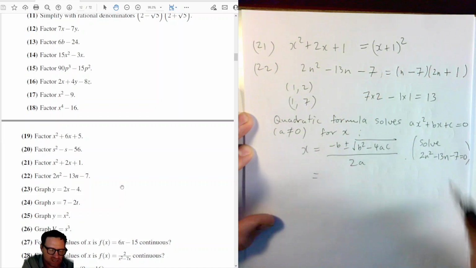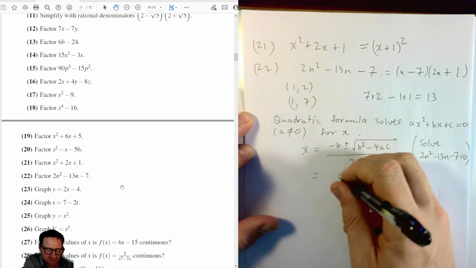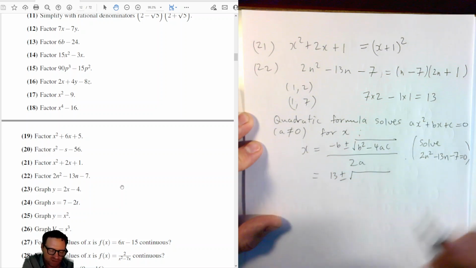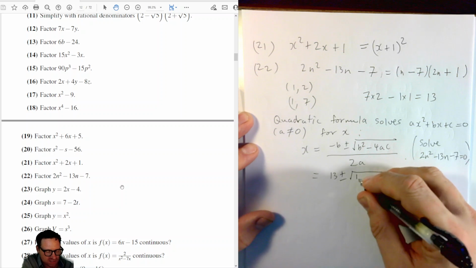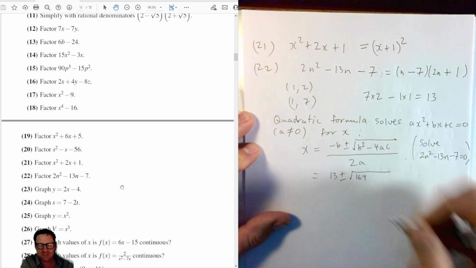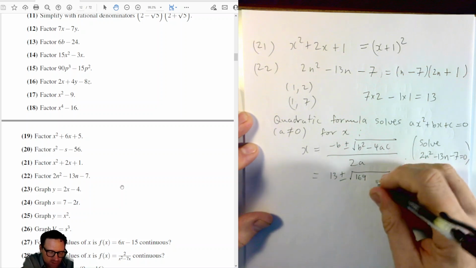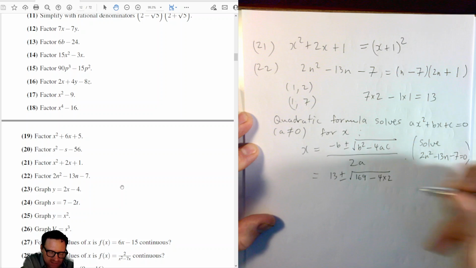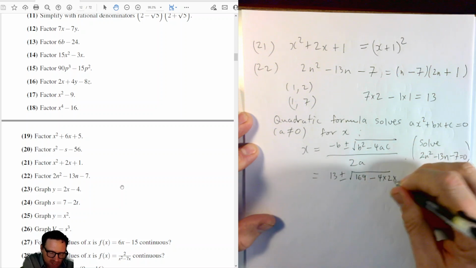Okay, so b is minus 13. So negative b is plus 13, plus or minus the square root of b squared. 13 squared is 169. And then we have minus 4 times 2 times minus 7.